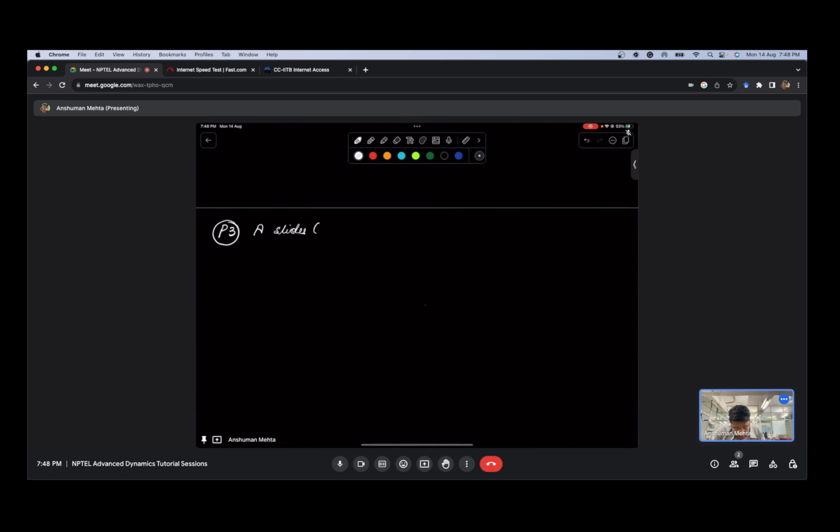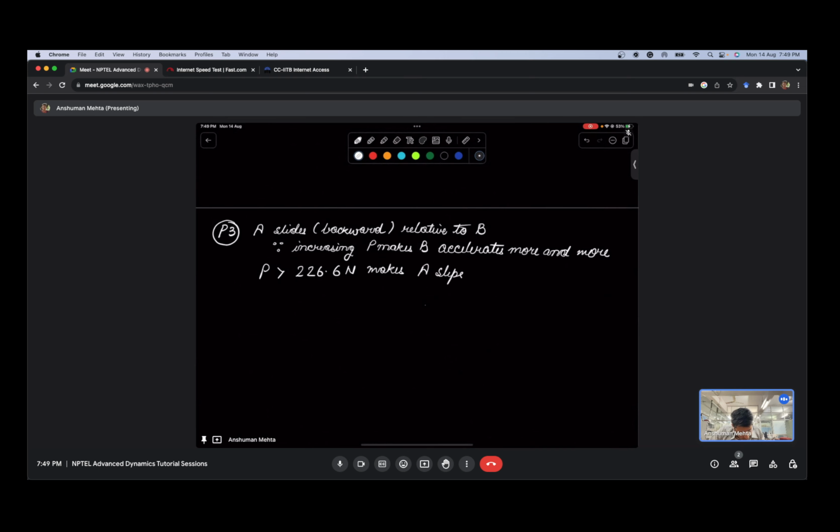Which says A slides, that too backward, relative to B. Since increasing P makes B. So this is the reason why A slips.